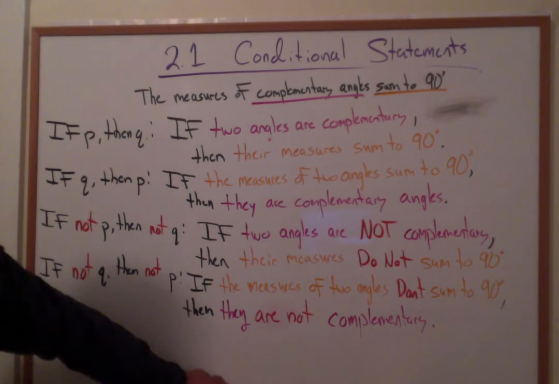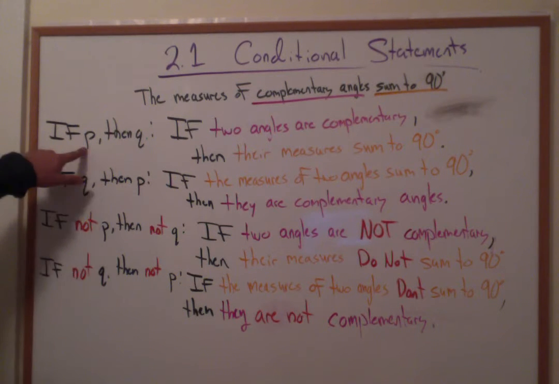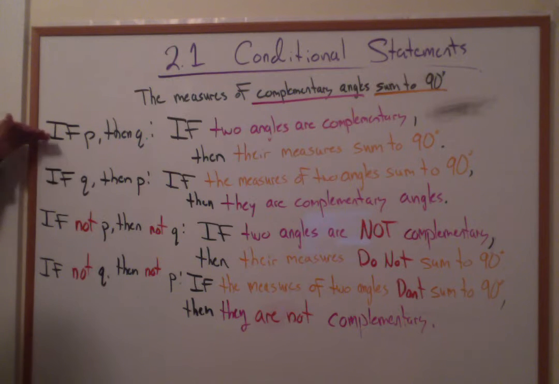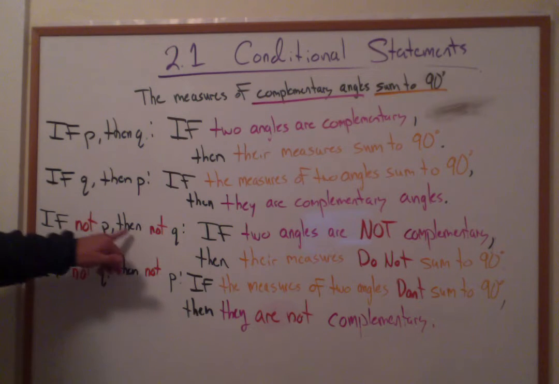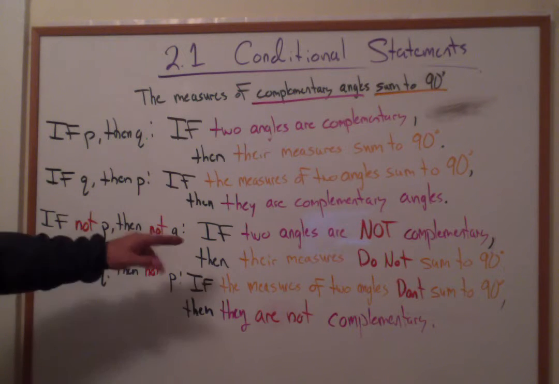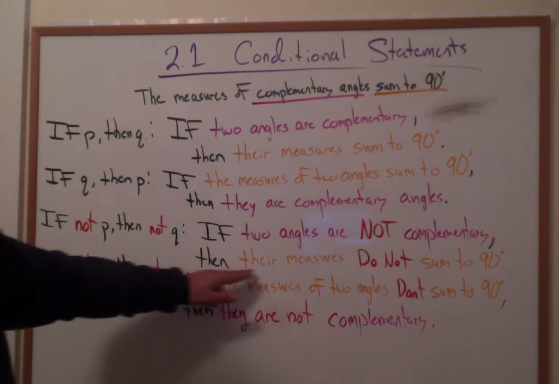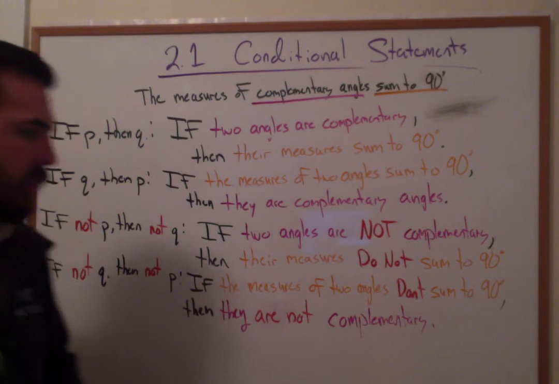The inverse takes the hypothesis and the conclusion of the conditional statement and just negates it. If not P, then not Q. If two angles are not complementary, then their measures do not sum to 90 degrees.